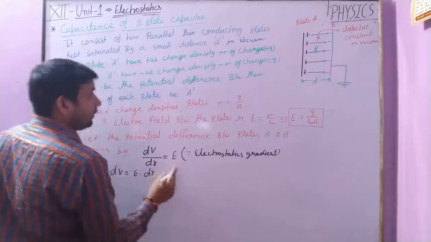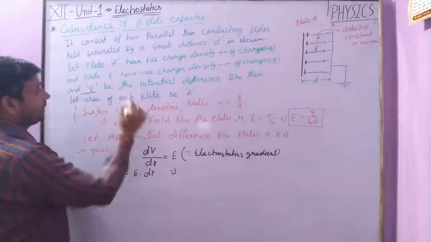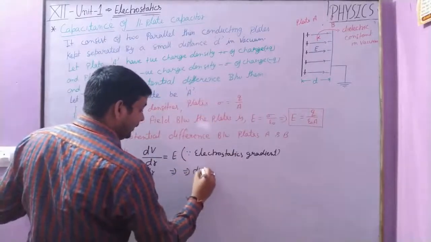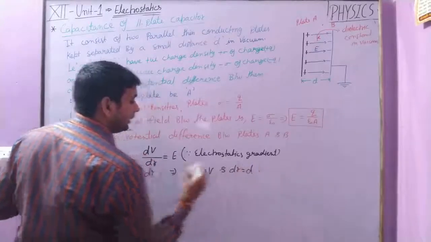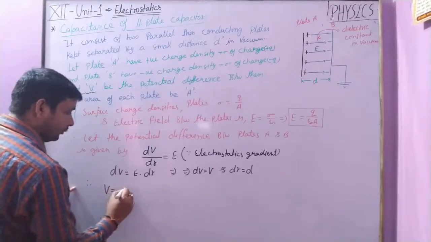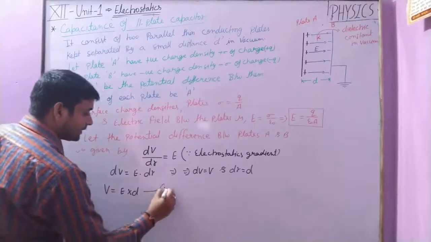Now here, as the potential difference between the plates is V and distance between the plates is D, therefore dV equals V and dr equals D. By using this result, we get V is equal to E into D. This is equation first.